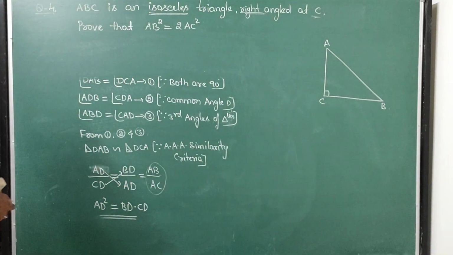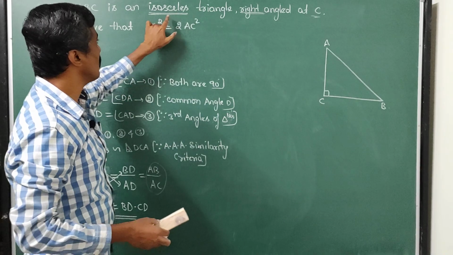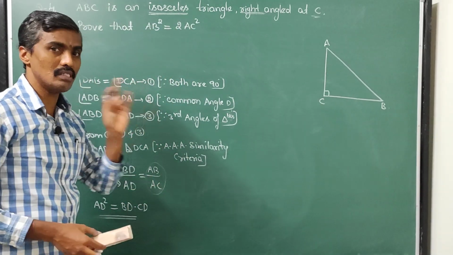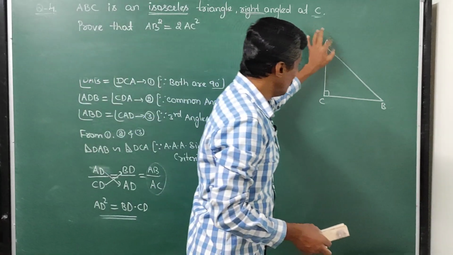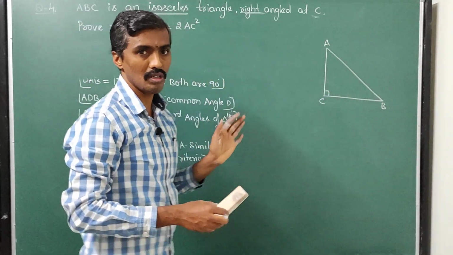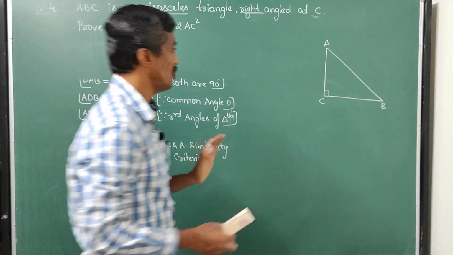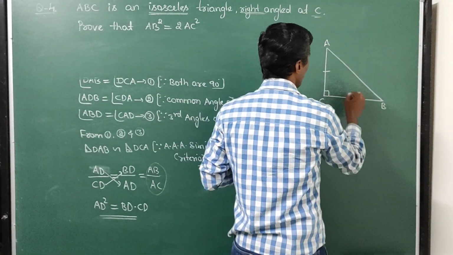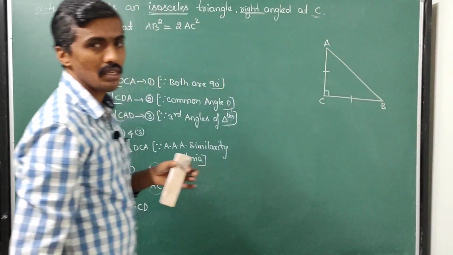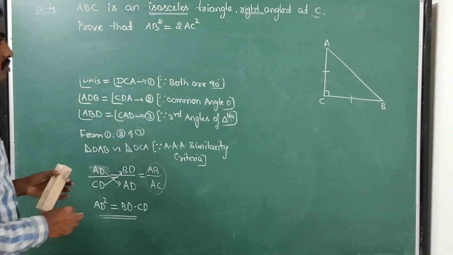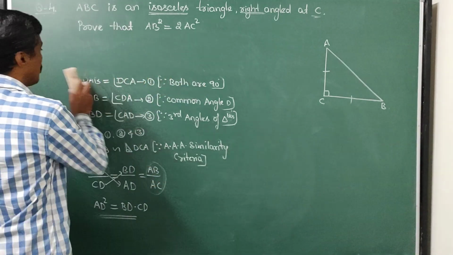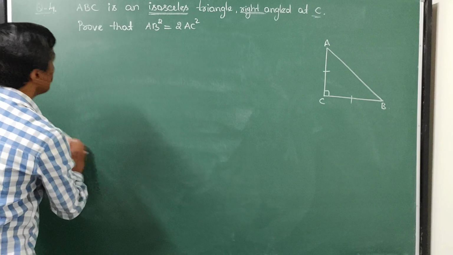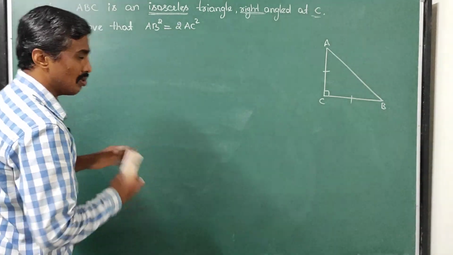But they have given that not only is it a right angle, it is isosceles. So in an isosceles triangle, 2 sides are equal. AB is the hypotenuse, it is not equal to any other side. So the remaining two sides AC and BC should be equal because ABC is an isosceles triangle. So from this we can write the data. Under this condition we have to prove that AB square is equal to 2AC square.